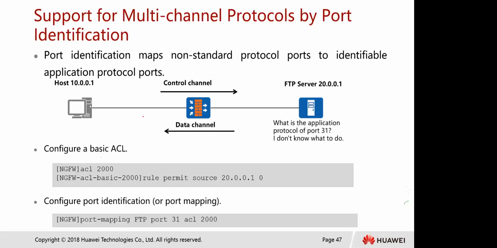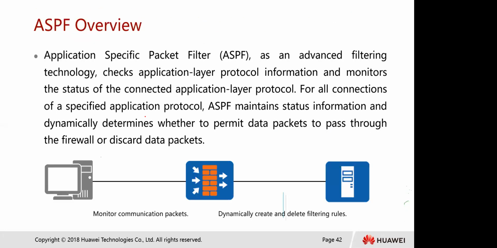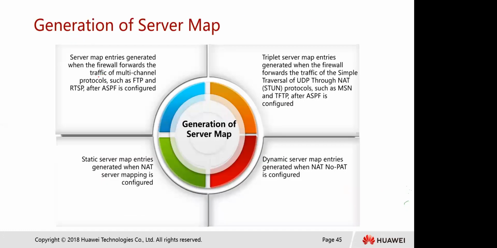Here in our section we said server map entries are generated when the firewall forwards traffic over multi-channel protocols such as FTP and RTSP, after ASPF is configured. Static server map entries are generated when NAT server mapping is configured.